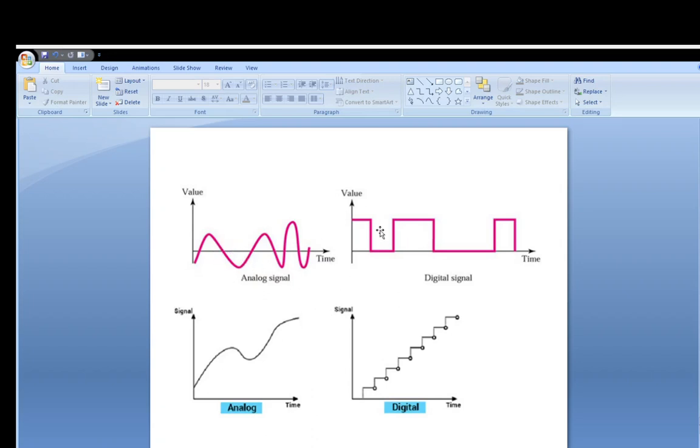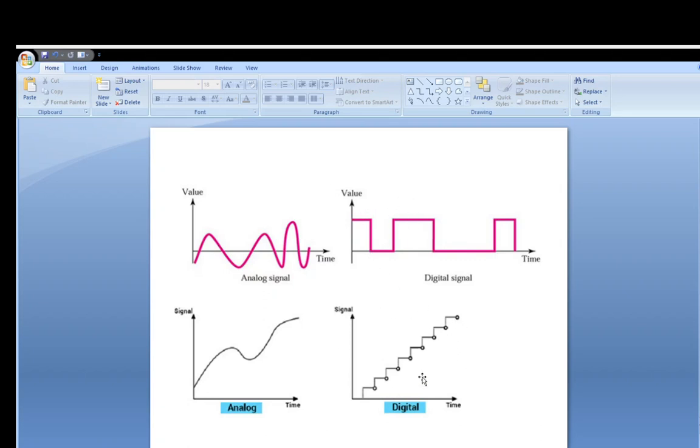But what is digital now? This is digital. Only two values are defined, suppose 5 volt and 0 volt. So in any signal, if a limited number of values are defined, then it will be called digital signal.